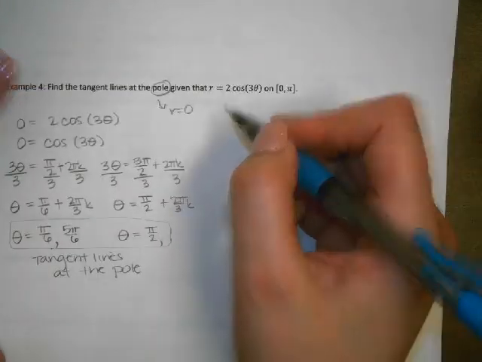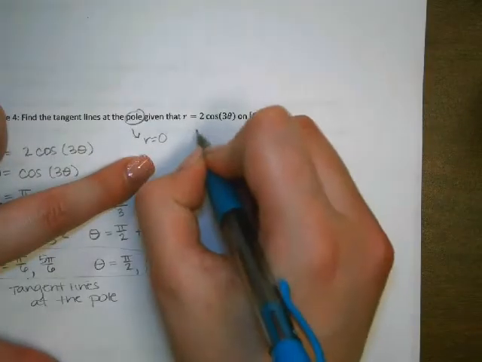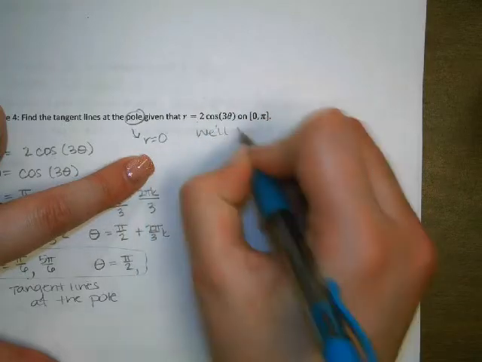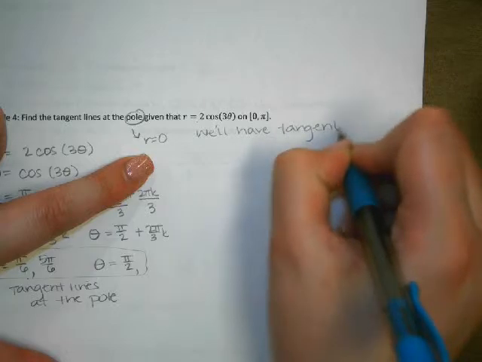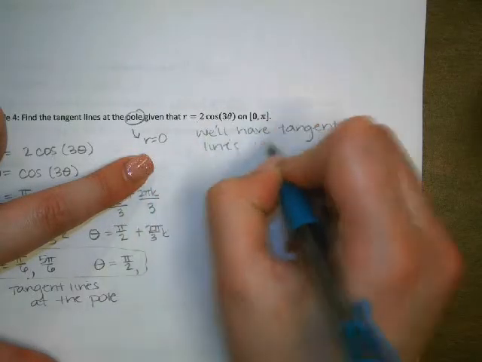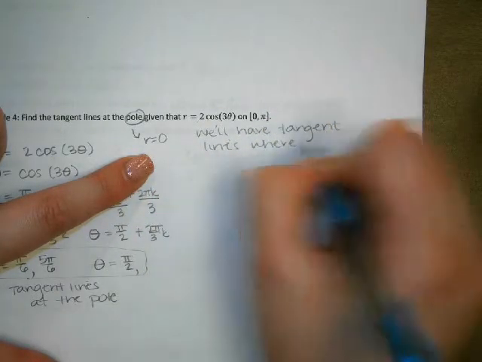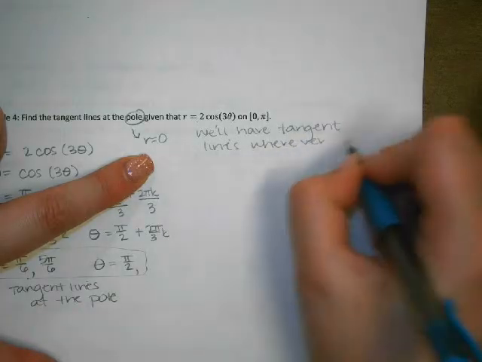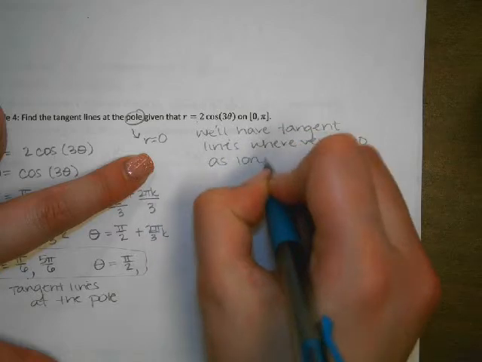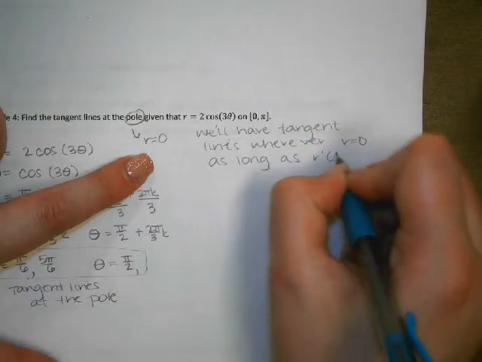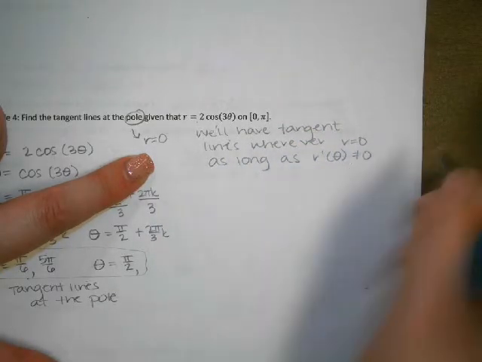So I'm going to write a note up here. We'll have tangent lines wherever r equals 0, as long as r prime of theta does not equal 0.